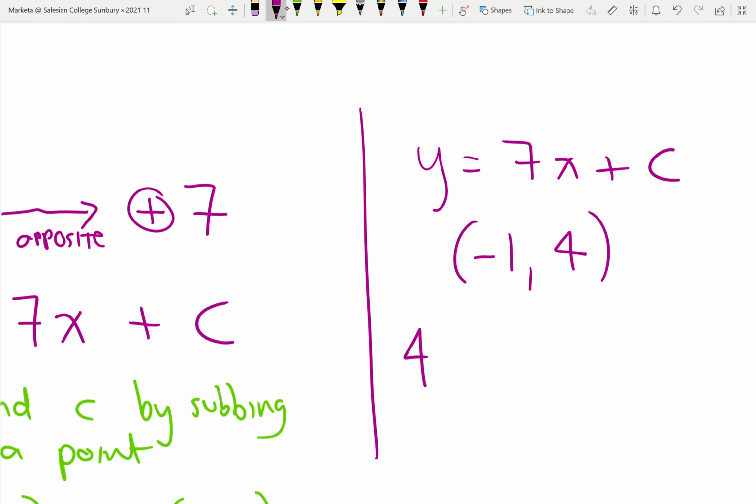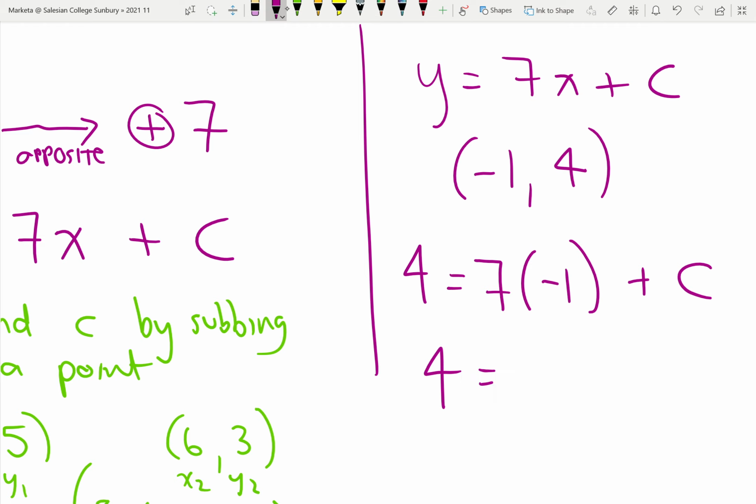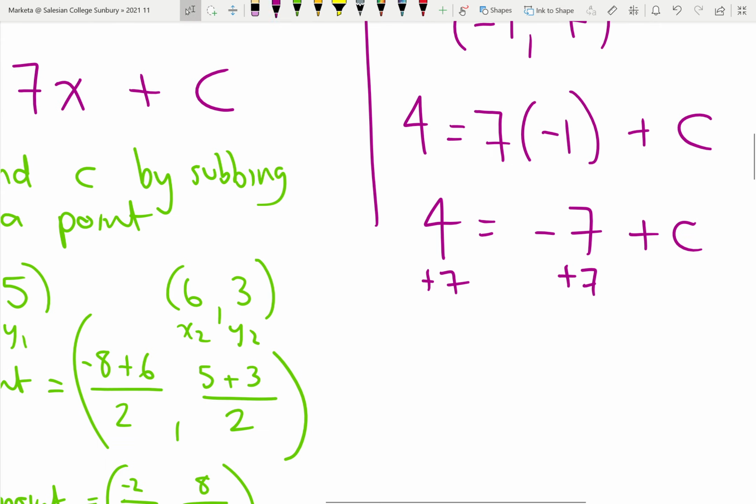So y is 4, x is negative 1, 4 equals negative 7 plus c. Let's add 7 on both sides. We get c equals 11.